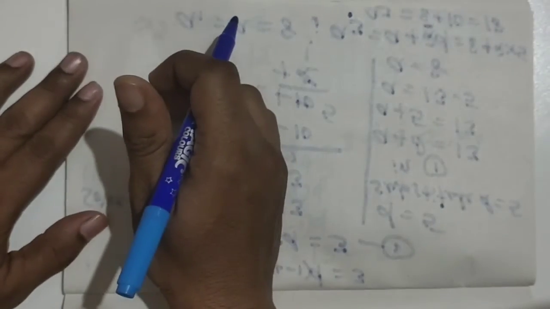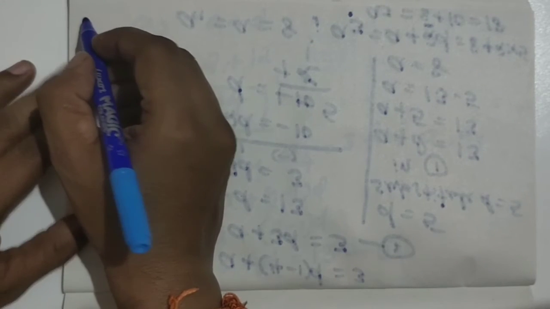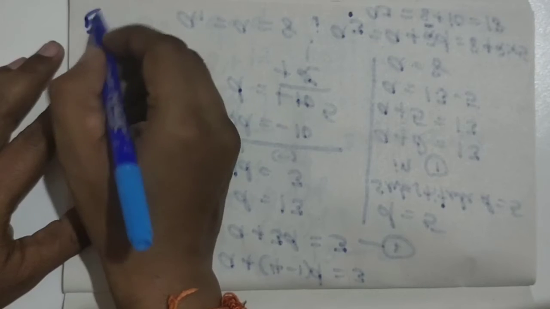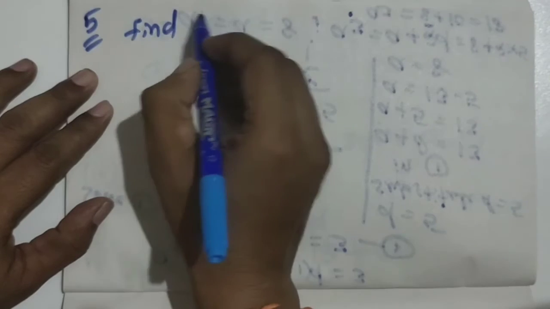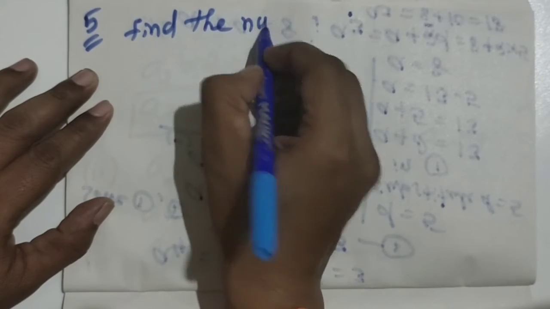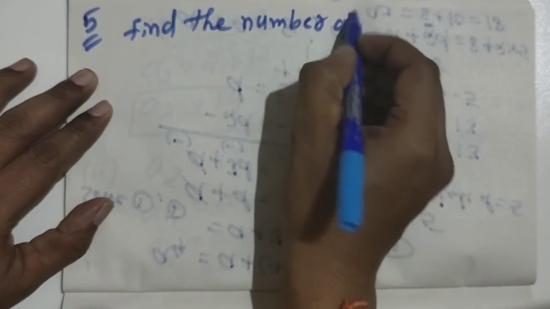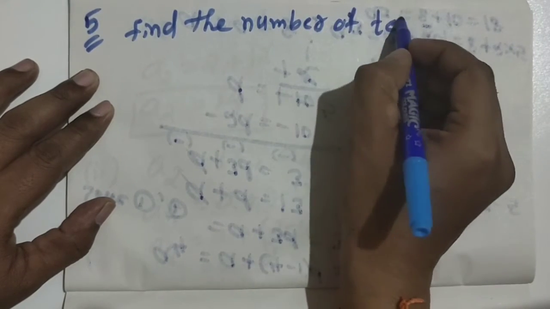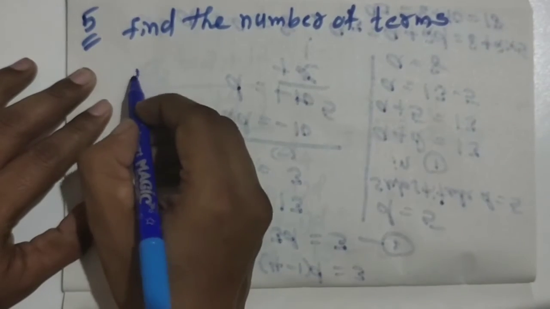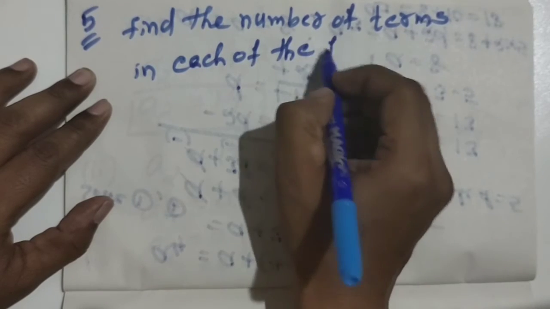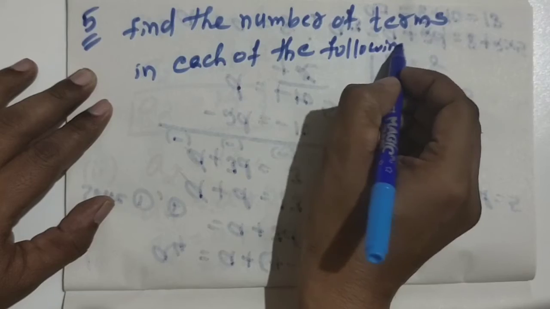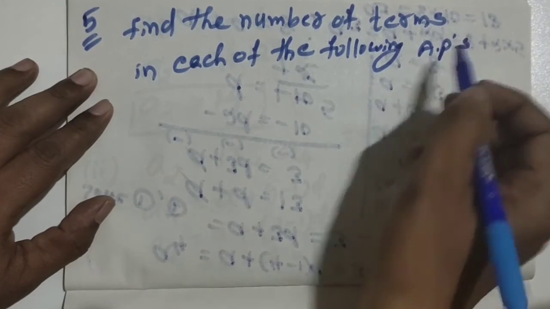Next, now here next sum. Find the number of terms in each of the following APs.